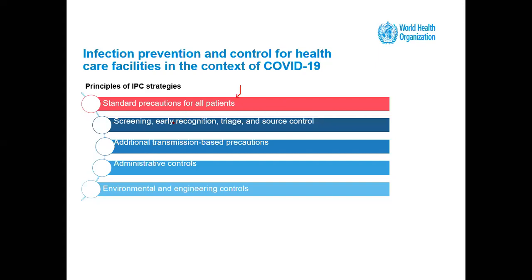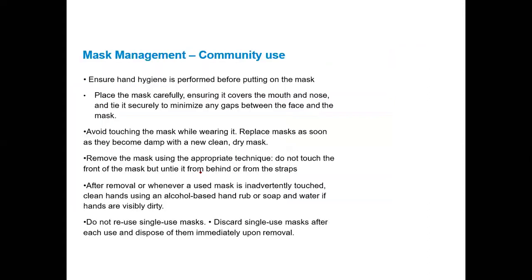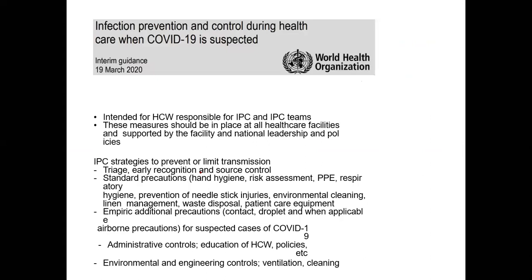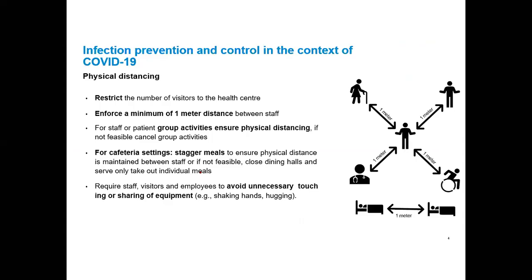Screening or triage, early recognition and source control. Additional transmission based precautions like airborne, administrative controls, environmental and engineering controls. دي اللي هي ال 5 standards for facing infection prevention control of COVID-19 within the healthcare facility.